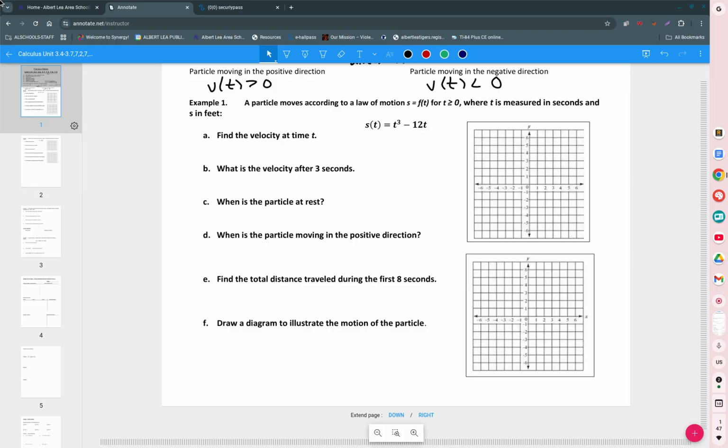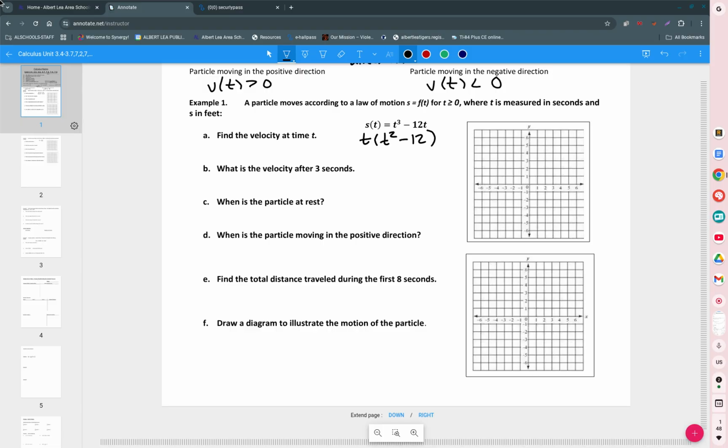So I'm going to graph this function right here. Talk to the person next to you. What does a cubic function look like? Okay, the cubic function is going to look something like that. As I draw this function, if I factor out the t, I get t times t squared minus 12.